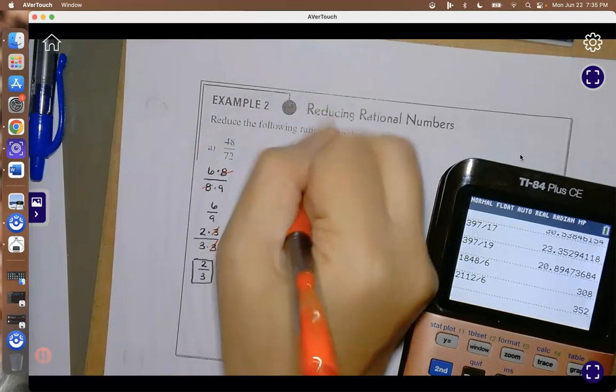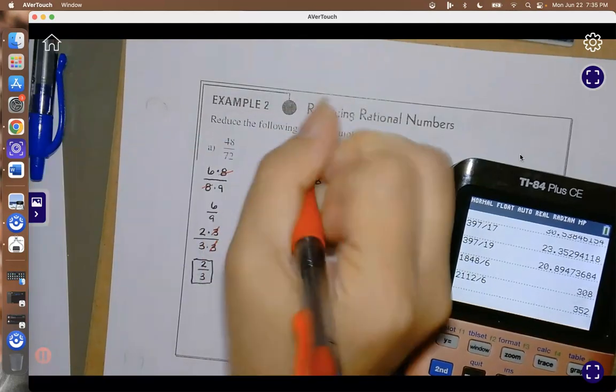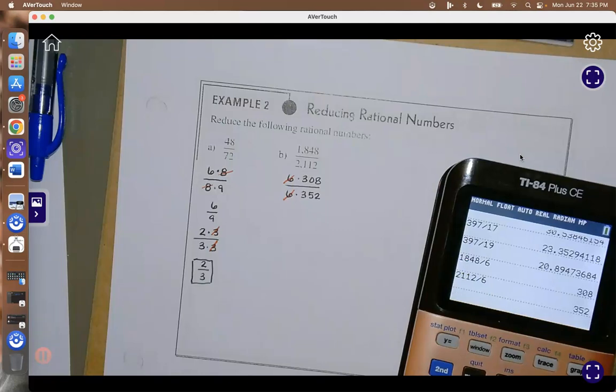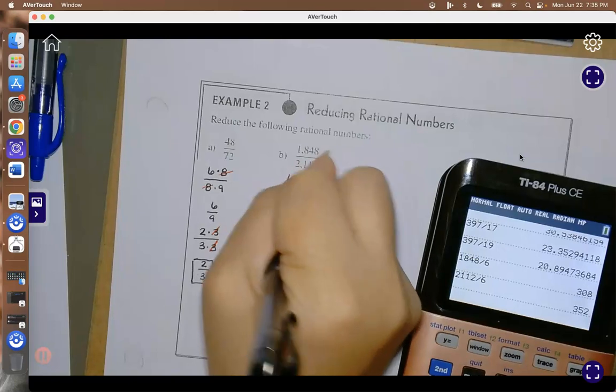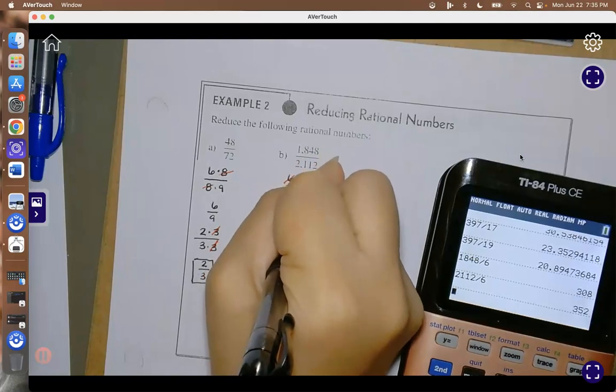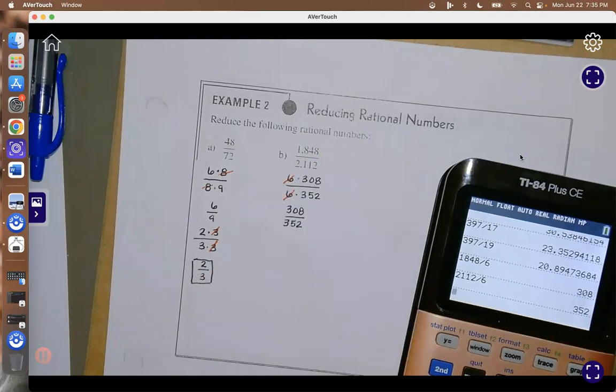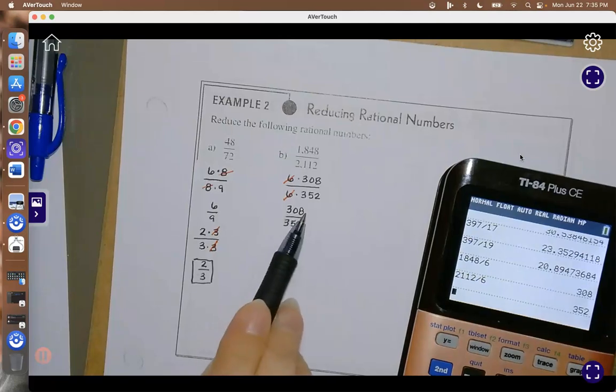Okay, that allows us to take 6 out. So now we're left with 308 over 352.